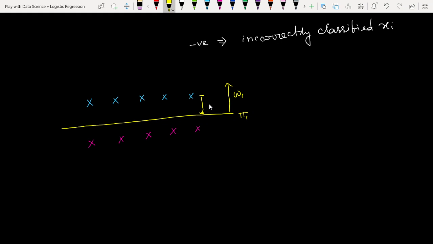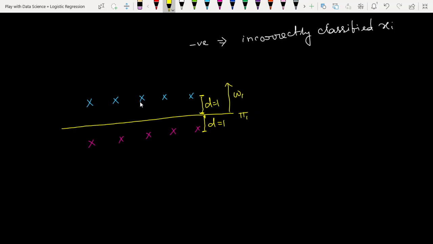For simplicity, we have taken d equals 1. The point appears here in such a way that its distance is equal to 1. Similarly, the distance from this point to this plane is also equal to 1.